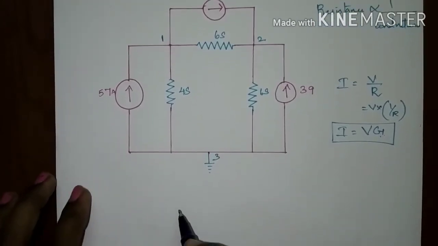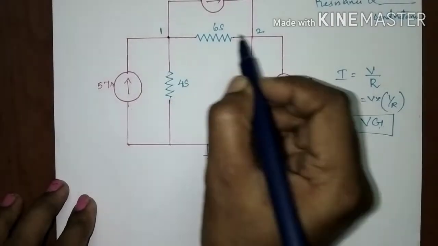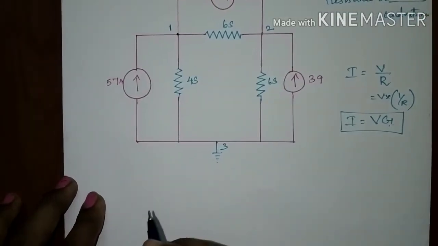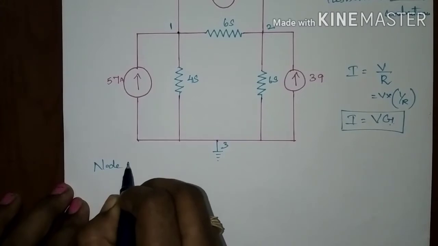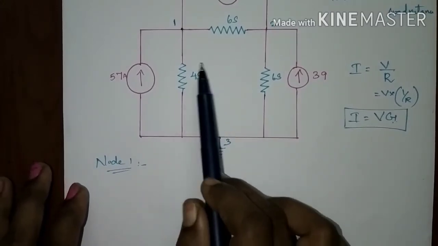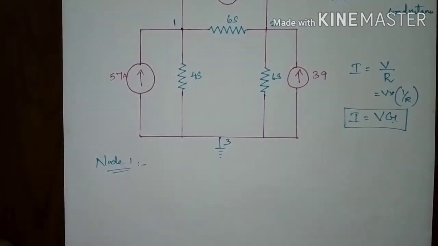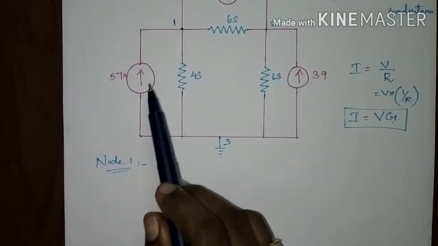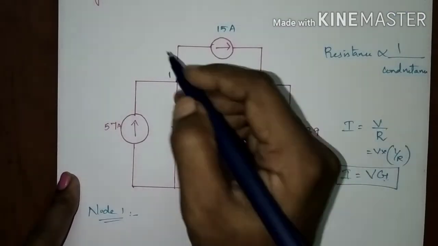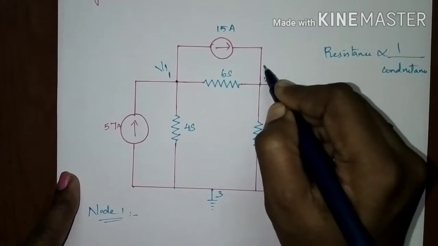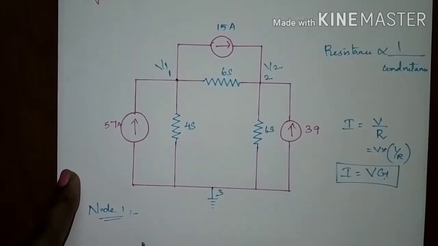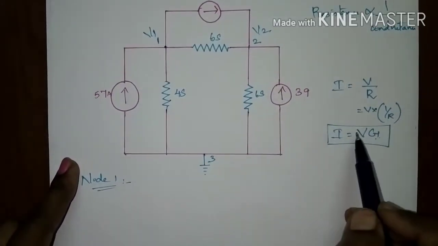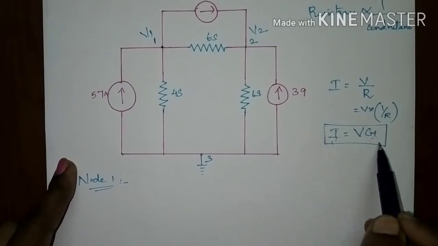Similar to the last problem, first write the nodal equations of the first and the second node. For node 1, the conductances connected to the first node, and the voltages at the two nodes are V1 and V2. Now, you can write the KCL equation as I is equal to V into G, where G is a conductance.